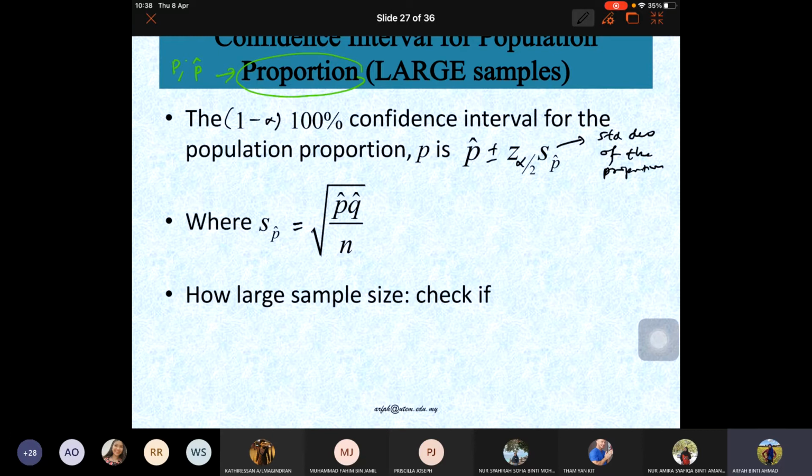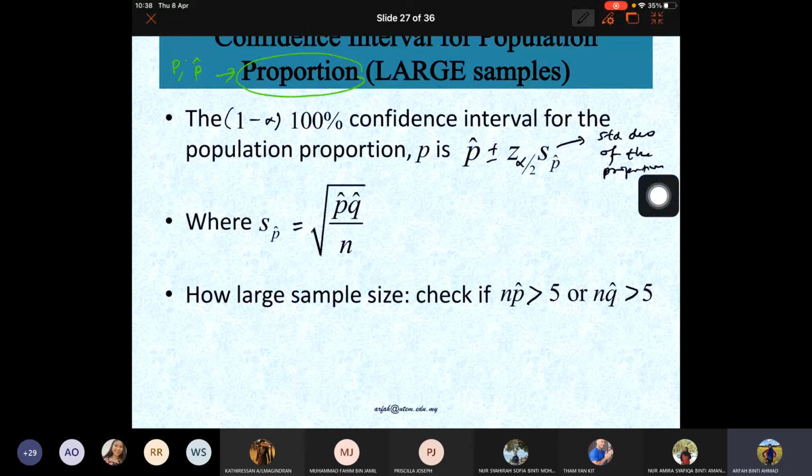Okay. So macam mana kita nak tahu yang sesuatu sample itu large, betul-betul large? We will check if n multiply with the sample proportion is greater than 5, atau n multiply with Q hat is also greater than 5. Sebab dia cakap for large proportion kan.